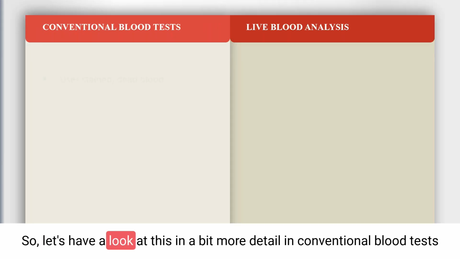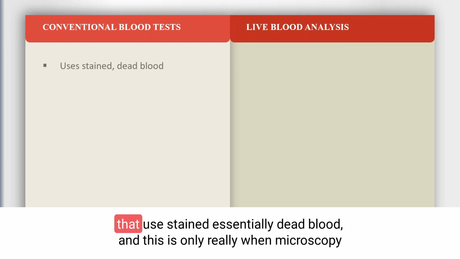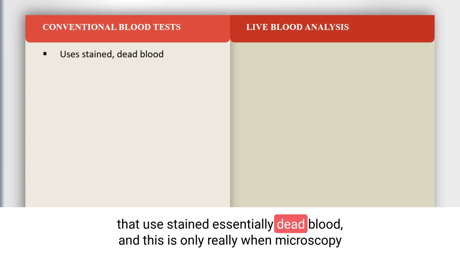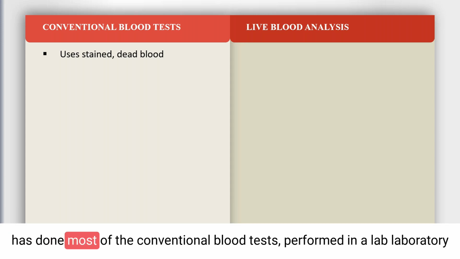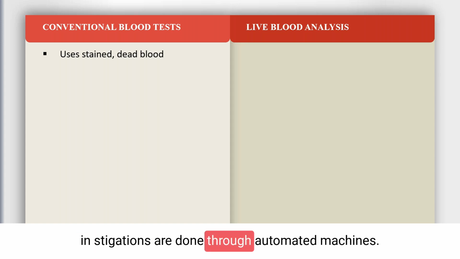In conventional blood tests, they use stained, essentially dead blood, and this is only really when microscopy is done. Most of the conventional blood tests performed in a lab, laboratory investigations, are done through automated machines.